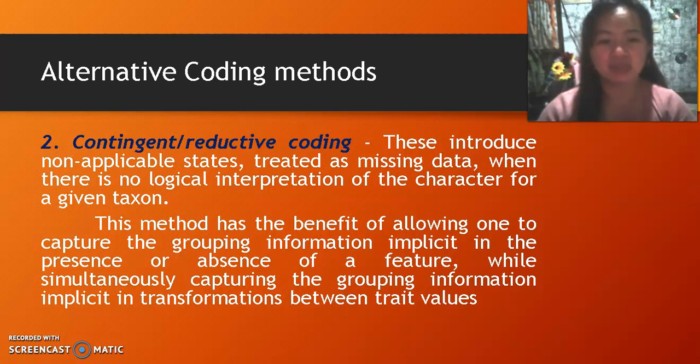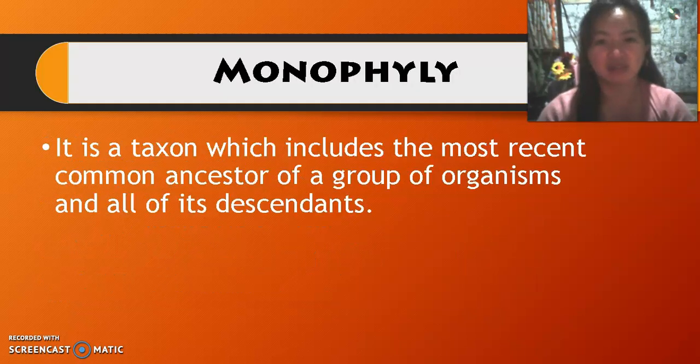This introduces non-applicable states treated as missing data when there is no logical interpretation of the character for a given taxon. This method has the benefit of allowing one to capture grouping information implicit in the presence or absence of a feature, while simultaneously capturing the grouping information implicit in transformations between trait values.